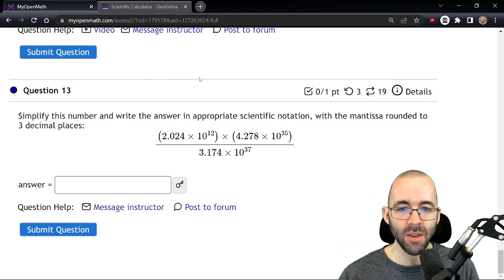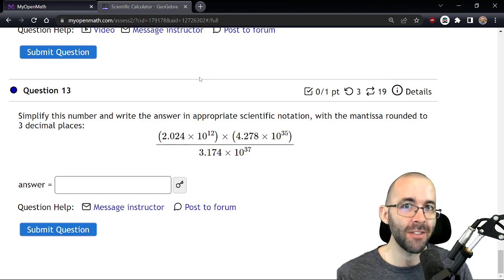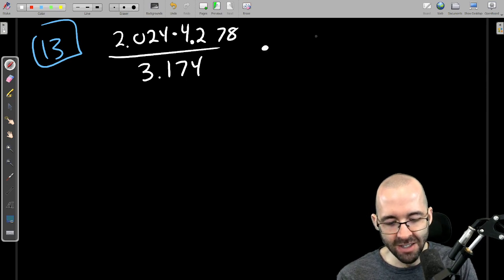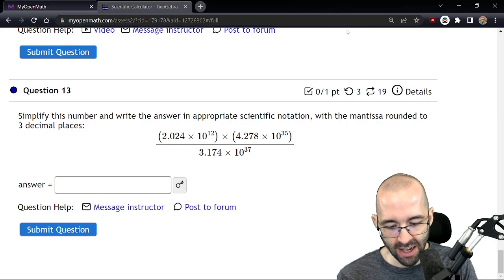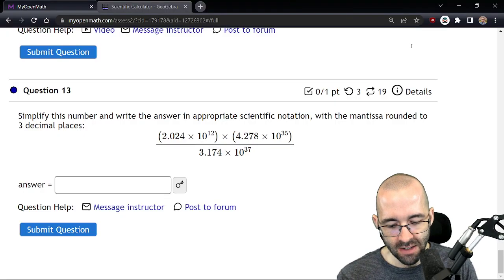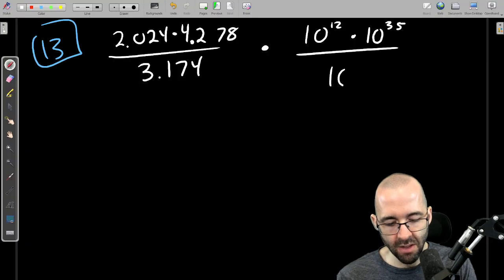And we're going to do the same thing with the scientific notation-y part. I'm a very professional math professor here, okay? That's going to be times 10 to the 12th times 10 to the 35th divided by 10 to the 37th.